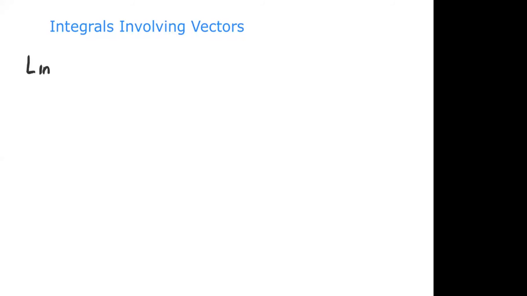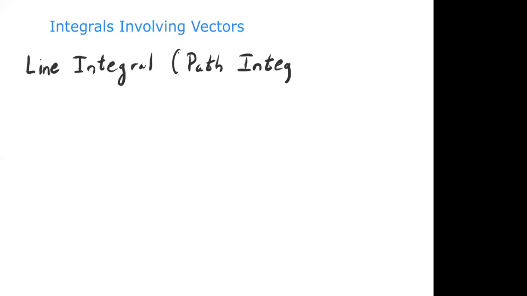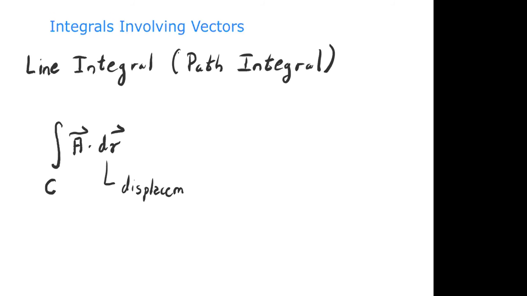So the first type of integral that involves a vector is something called a line integral. And you may see this referred to in other books or by other people as a path integral, for reasons that'll be clear in a minute. So a couple of ways to write this. Let me write it this way. A is a vector, and dr is my displacement vector that I introduced way back in lecture 1. And A is just some vector.